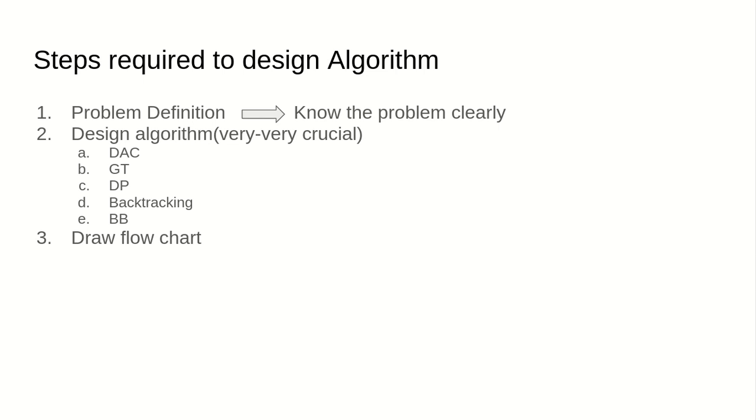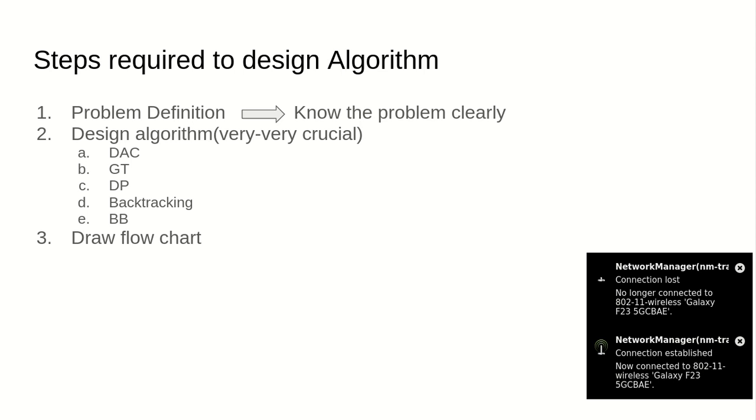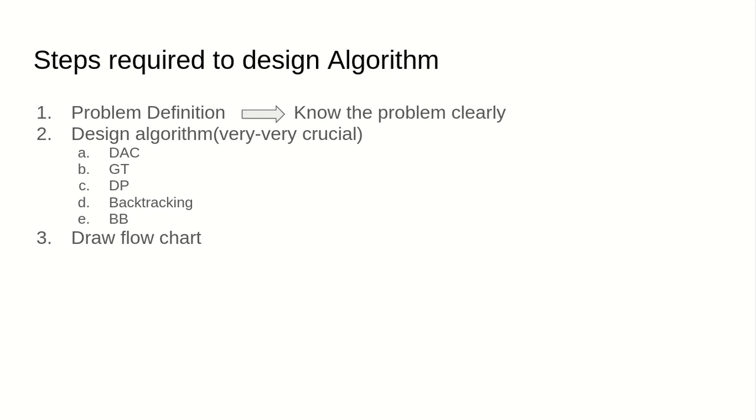What is a flowchart? If we write the algorithm in the form of a diagram, that is called a flowchart. When we draw the flowchart, overall 90% of the work is finished.